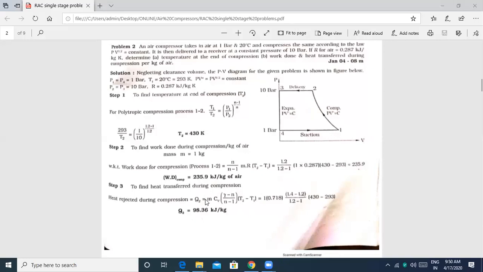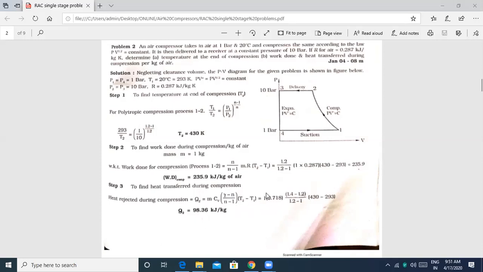This is the amount of heat transfer during a polytropic process. Just remember the formula. This is the formula for work done, and this is the formula for heat transfer. Otherwise you can apply Q equals delta U plus W. Q is 0 and delta U equals mCv into (T2 minus T1).